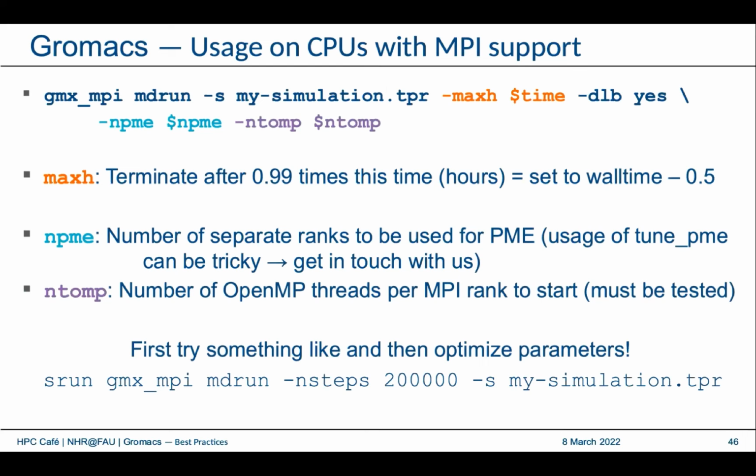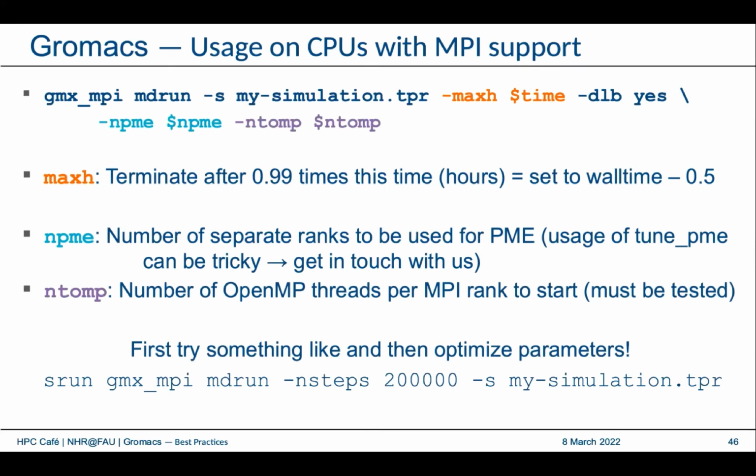For the number of OpenMP threads per MPI rank, the NT-OMP flag is used. Here, the number must be tested. It's not as obvious as for the GPUs. And to automatically terminate the Gromacs program, use the maxh flag and set it to wall time minus 0.5.